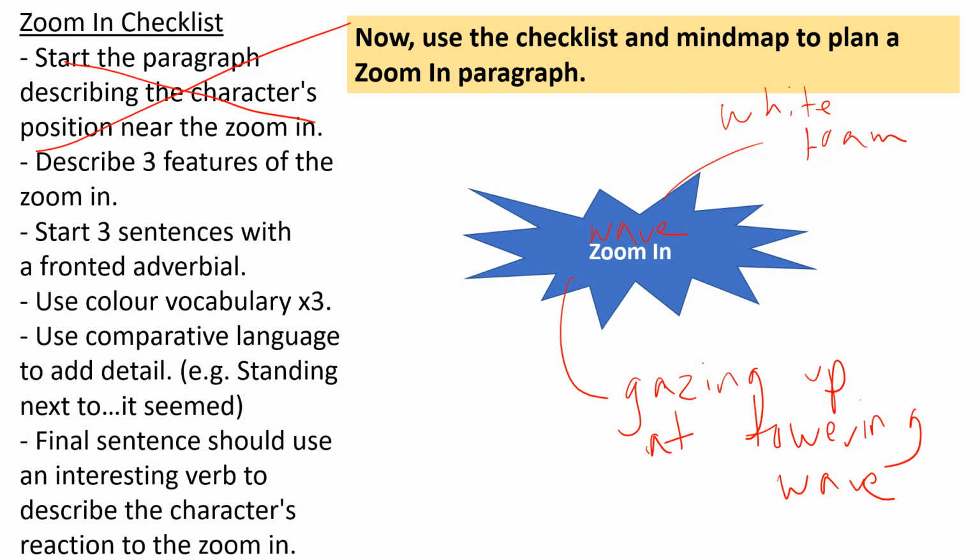I might also talk about the spray coming out of the wave, and I might also talk about any debris that maybe the wave has picked up. And debris is just, for example, if there's an earthquake, the debris would be remnants of buildings or concrete or stones or things like that. So that is my 3 features of the zoom in.